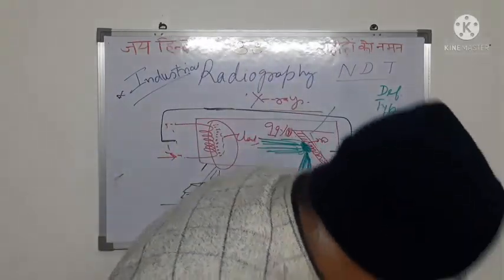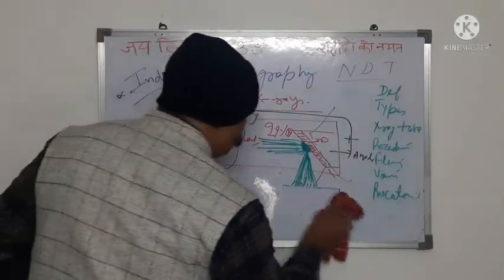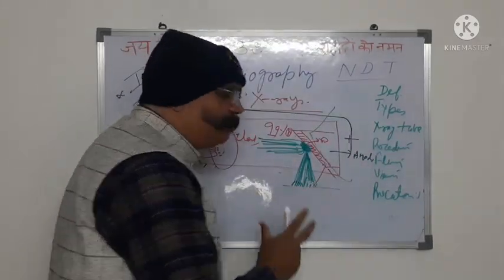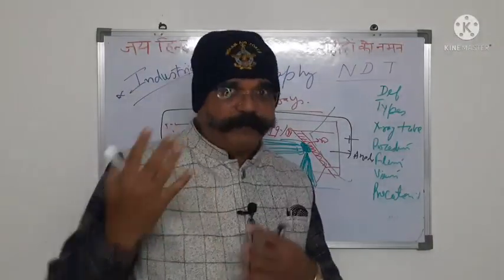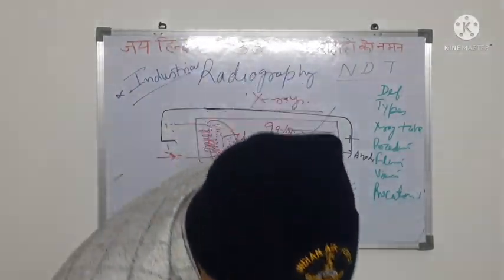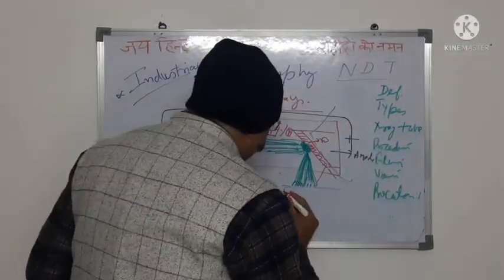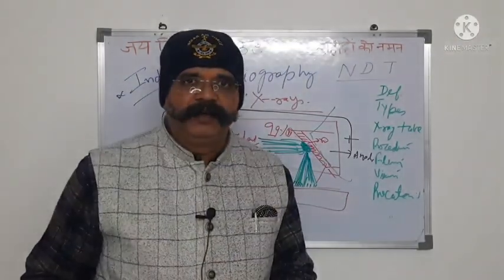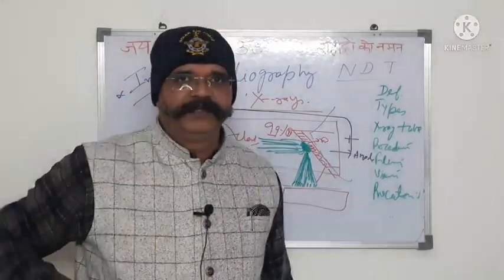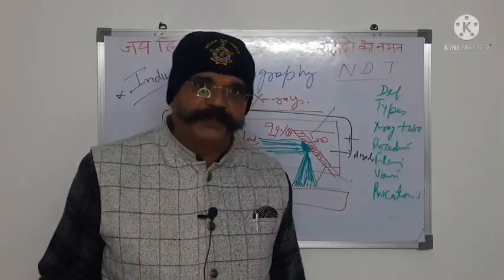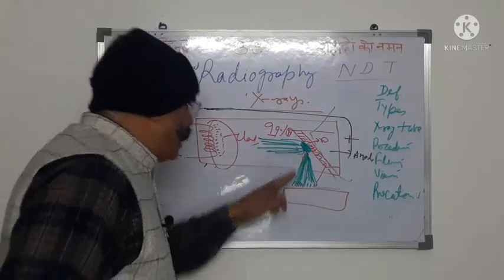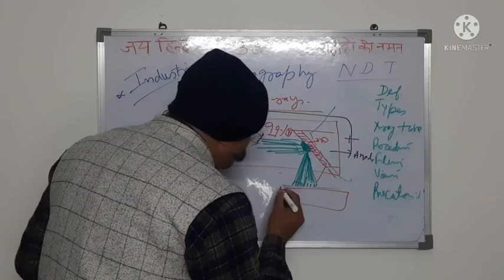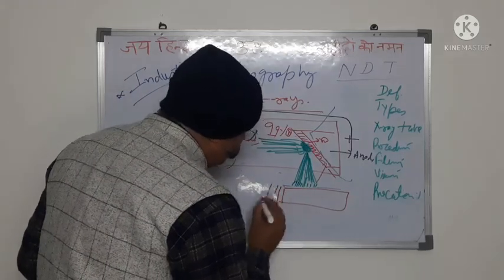Now, as you have seen, some amount of X-rays are absorbed by the material. So, if the density of the material, thickness of the material, and some other factors of the material are such that you need a high amount of energy, because you need to penetrate the material.